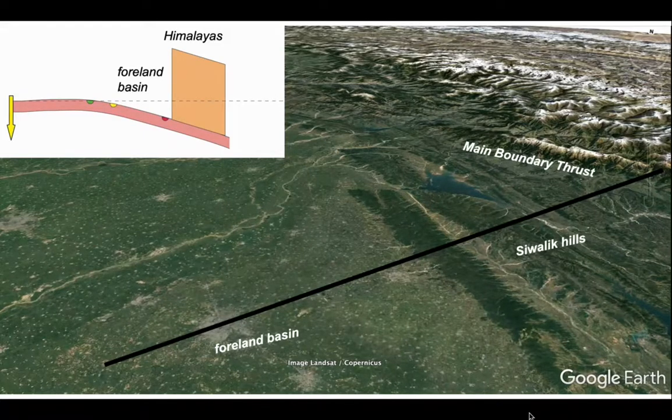But this is not a static situation. The Himalayas are marching south into the Indian continent, and as a consequence are deforming the previously deposited foreland basin rocks. So let's look at a cross-section along that black line.